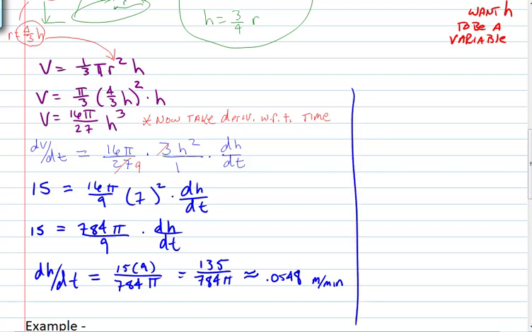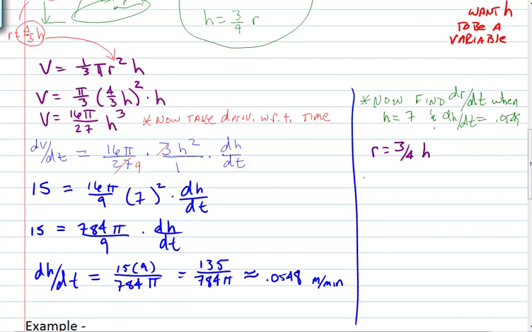How am I going to find dr/dt? When h equals 7 and dh/dt equals 0.0549. Well, remember that equation that looks like this? r is equal to 3/4 h.